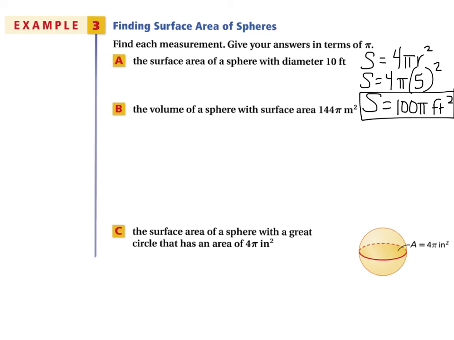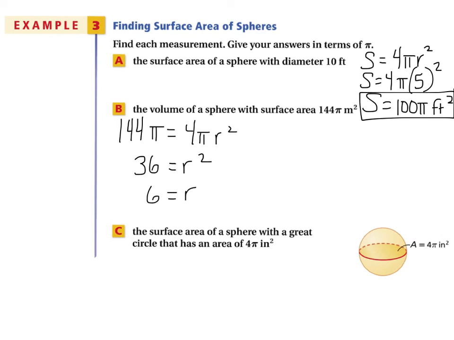B, the volume of a sphere with surface area 144 pi square meters. So let's plug in: 144 pi equals 4 pi r squared. I divide both sides by 4 pi. And that gives us what? 36.